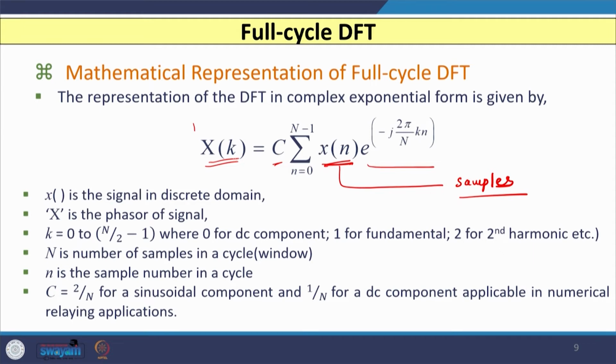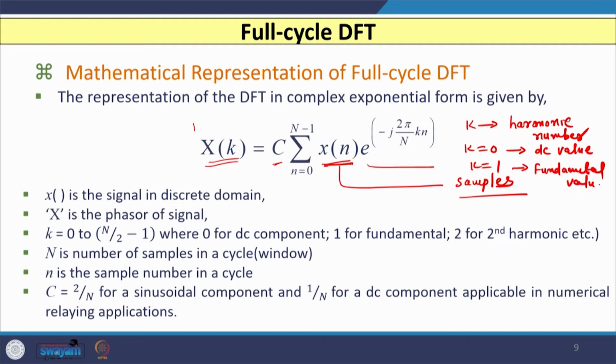K is the harmonic number. If k is equal to 0, that indicates the DC value. If k equal to 1, that indicates the fundamental value.